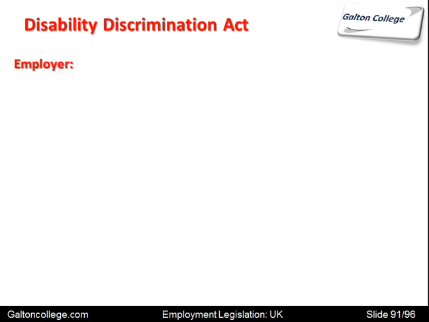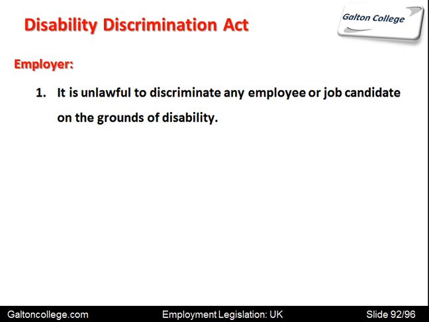Under the Disability Act, it's unlawful for an employer to discriminate against any employee or job candidate on the grounds of disability. So simply because somebody is disabled doesn't mean that they should not be employed. It's their ability to perform the task, do the job that's advertised.